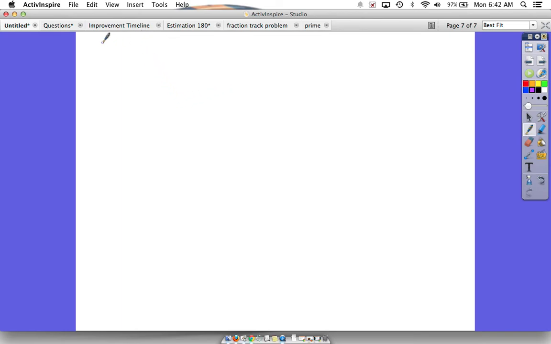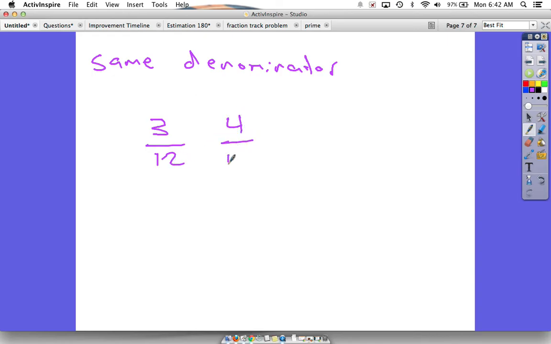A couple more that I'll get through. The first one is, what happens when you have the same denominator? So for instance, say 3/12, 4/12, 6/12. These are really easy to put in order.